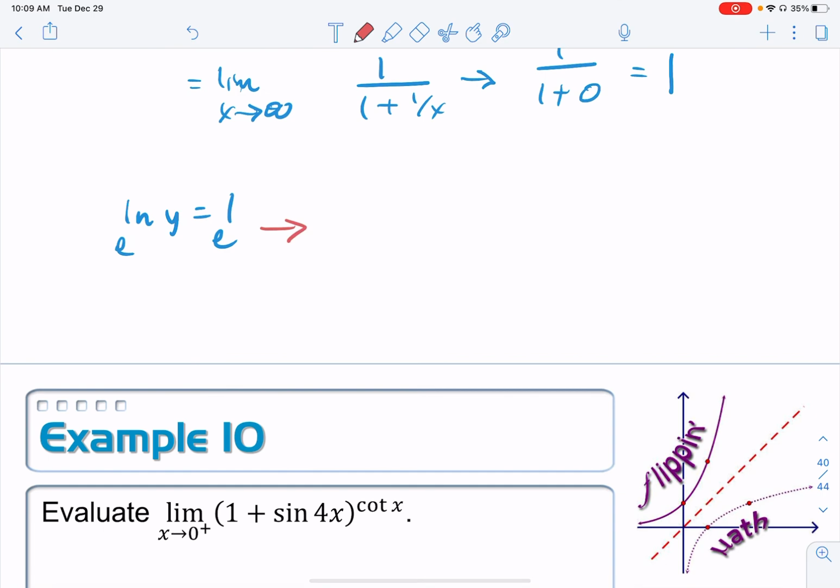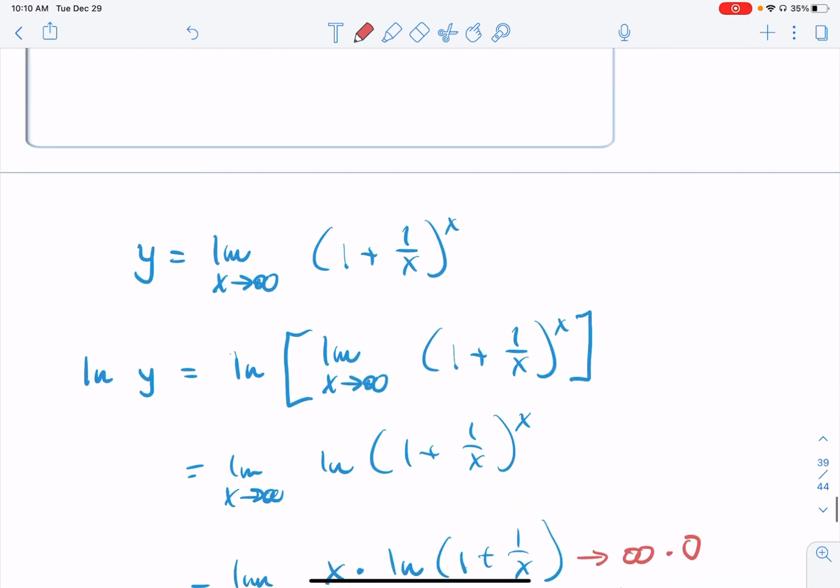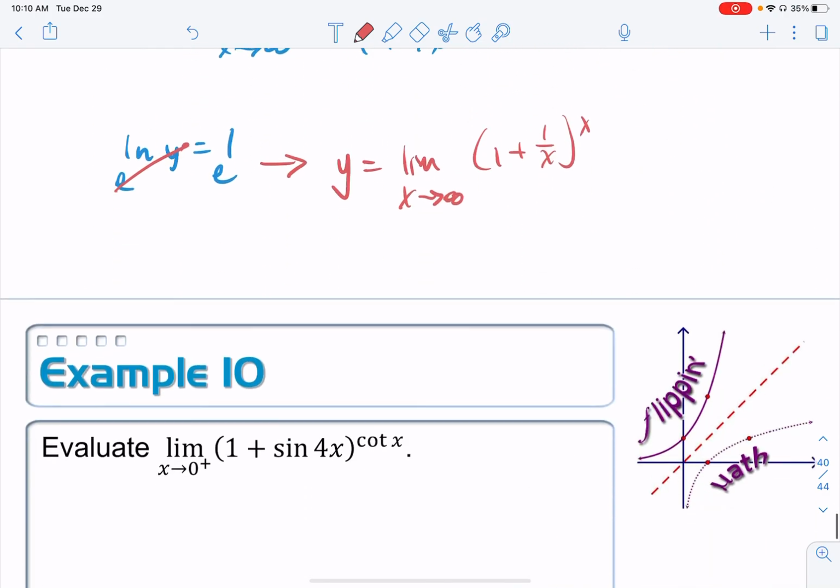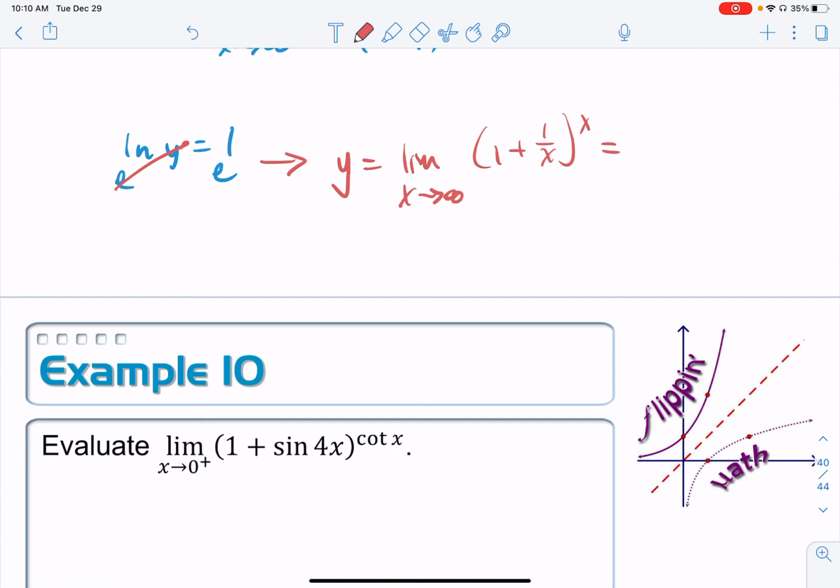And I get, on the left-hand side, they cancel out, just giving me y, which is the value of our limit, which is, remember, the limit as x approaches infinity of 1 plus 1 over x, to the x power. Remember, that's what I said right up there, is equal to e to the first power.